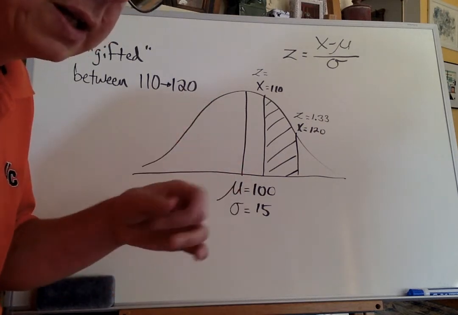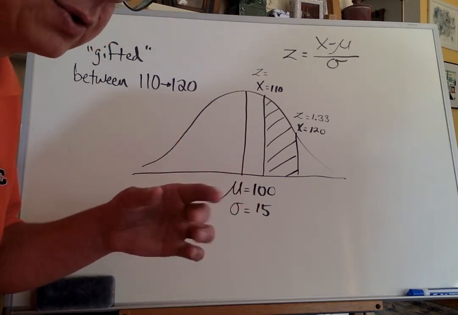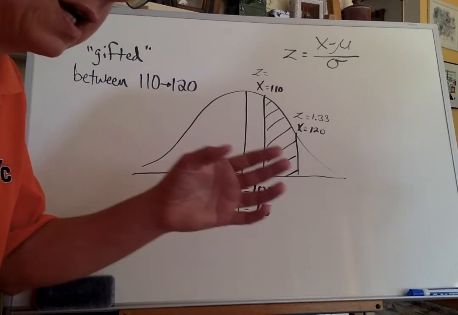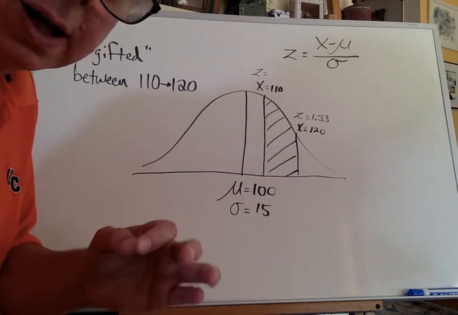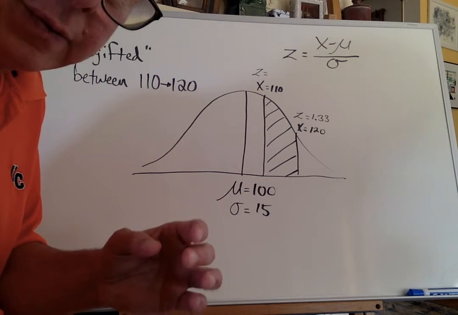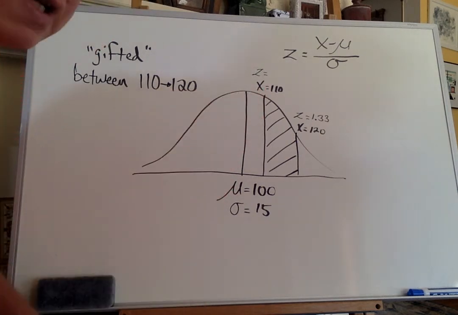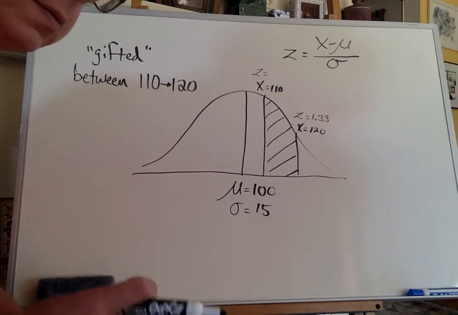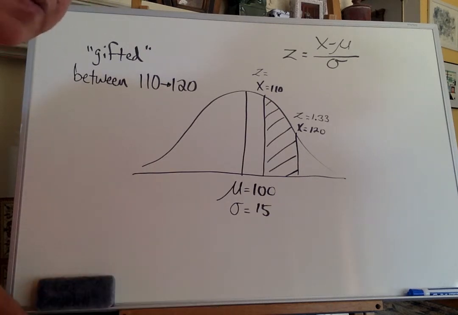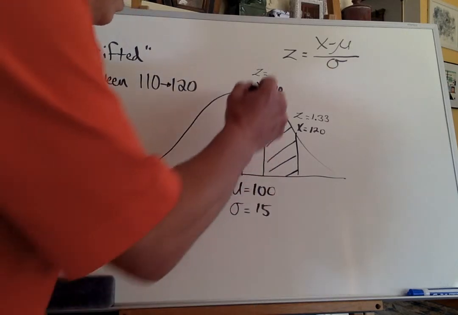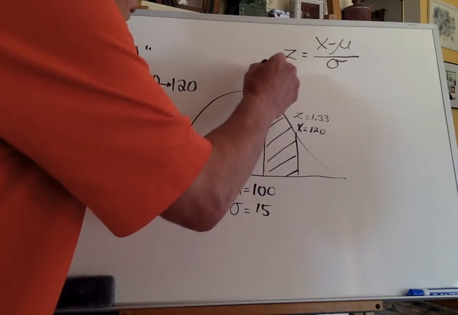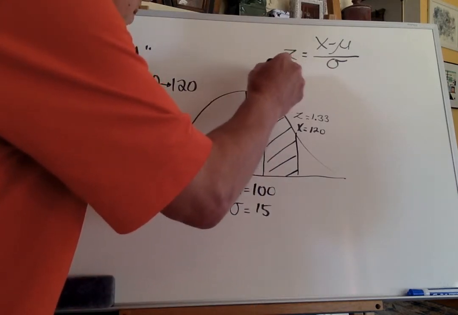Don't get lost in the math now all of a sudden. People don't want this to be a math course, and then all they want to do is math, because that tends to be the easy part, because the concepts are more difficult. What about a score of 110? How many standard deviations away from the mean is that? Well, it's 10 points away from the mean, so that's 2/3 of 15. Okay, so this is 0.67.